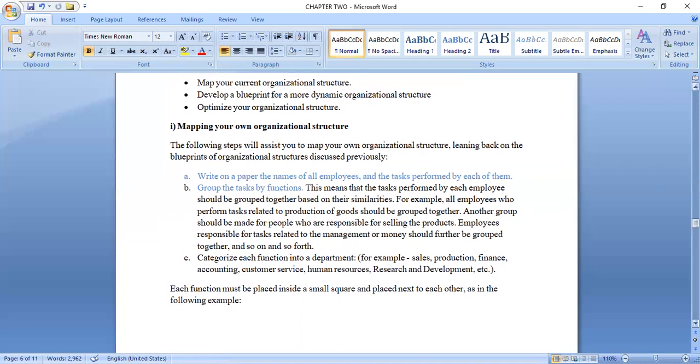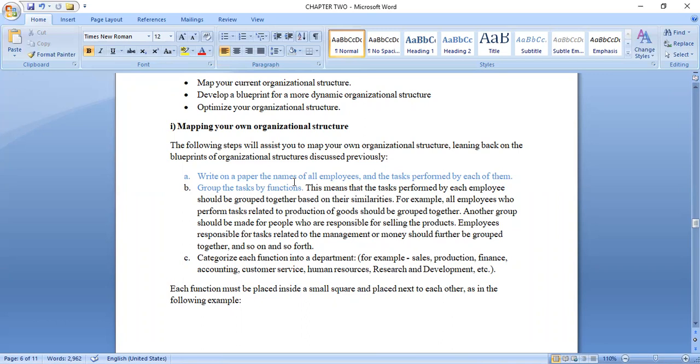So number one, mapping your own organization structure. Within this mapping, first you write on a paper the names of all employees and the tasks each one of them performs. That is the simple first step. After you have written those employees and their tasks, categorize or group those tasks by functions.